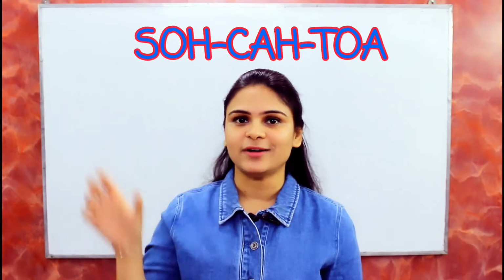And I believe now it's very easy to learn all the formulas of trigonometric ratios using the SOHCAHTOA trick. In this video, we are going to find trigonometric ratios of some specific angles: 0 degree, 30 degree, 45 degree, 60 degree and 90 degree.